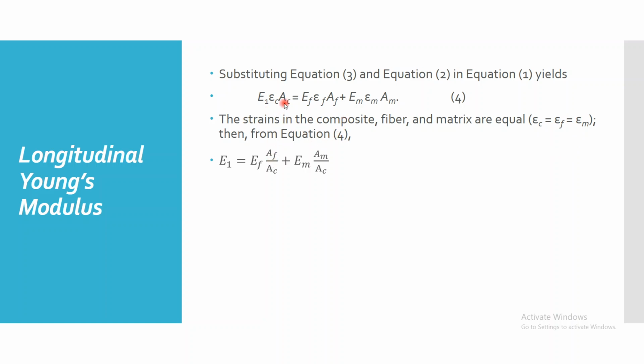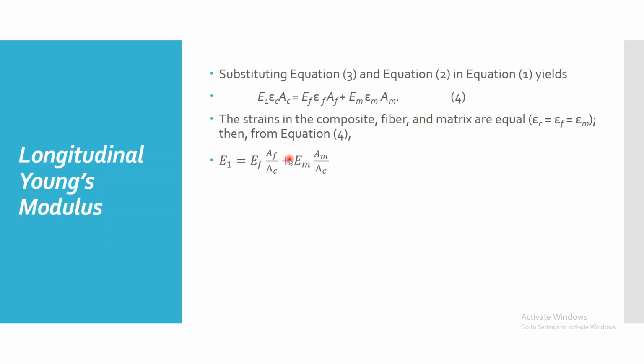In the same way, I am going to divide the whole thing by the composite cross-sectional area. Now, if you go through these two quantities, AF over AC and AM over AC, I can multiply by the length factors. Length of the fiber and length of the composite are both equal, as well as length of the matrix and length of the composite.